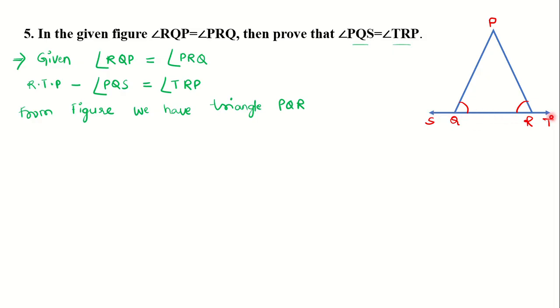See here, ST is a straight line. On this line ST, we have a triangle called PQR. From the figure, we have 4 points.